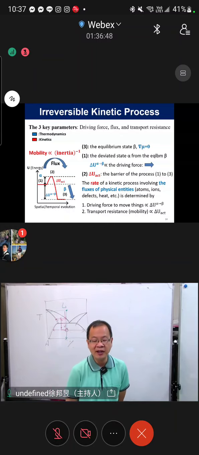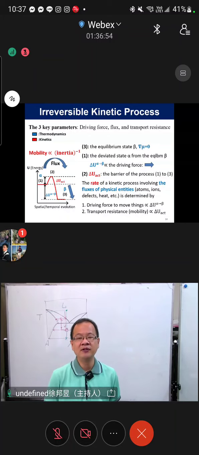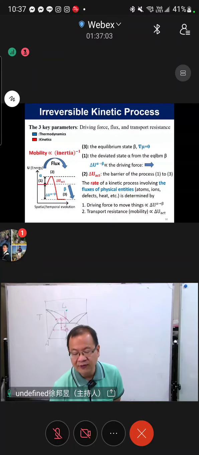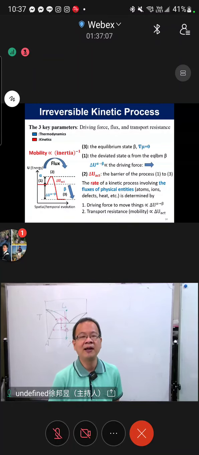Because beta phase has lower energy based on this energy diagram. So the driving force is defined by the energy difference between alpha and beta, between 1 and 3. That energy difference gives you delta U alpha to beta, and that's the driving force defined by thermodynamics.